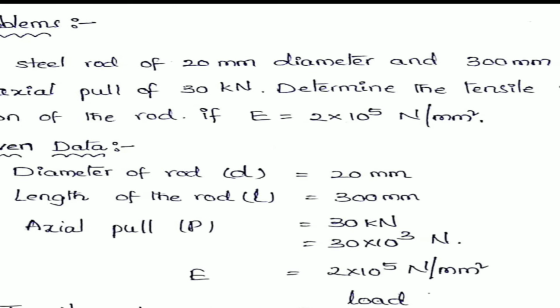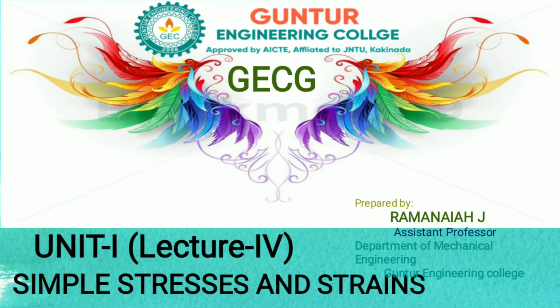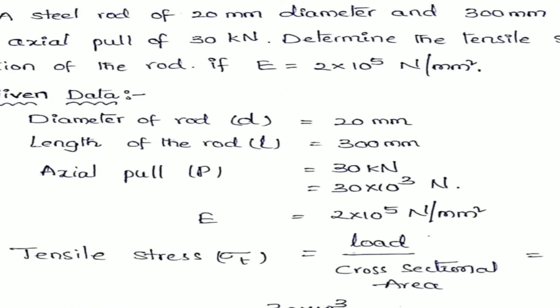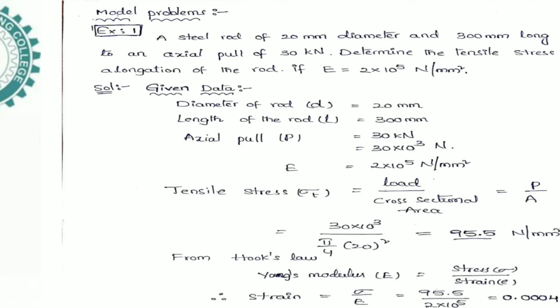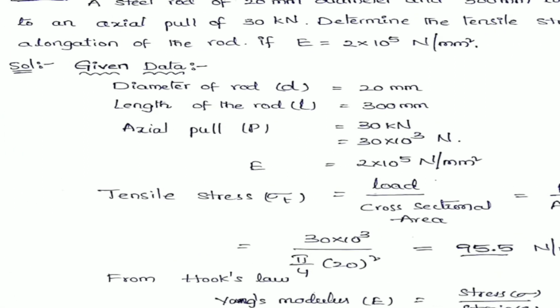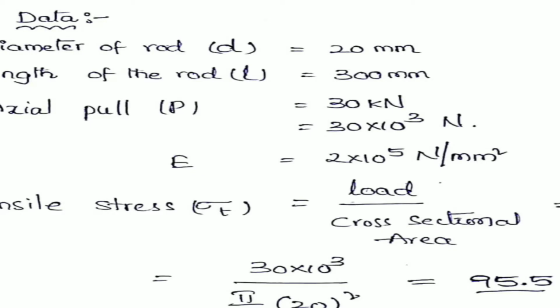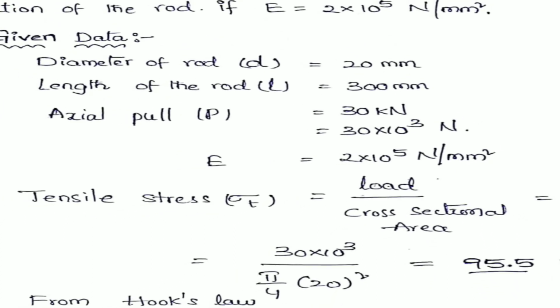Given data: diameter D is 20 mm, length of rod capital L is 300 mm, axial pull, that means load P, is 30 kilonewtons, which is 30 into 10 to the power of 3 newtons.